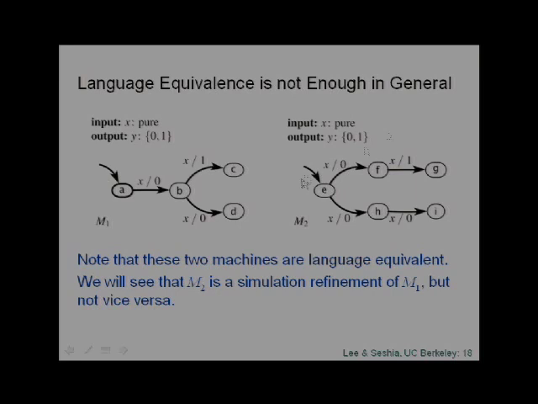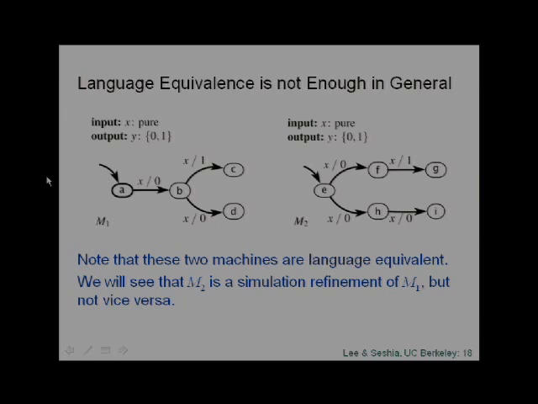Okay, so can somebody tell me what's the point of difference between these two machines? Right. The non-deterministic choice in the first machine is one step later than it is in the second machine.